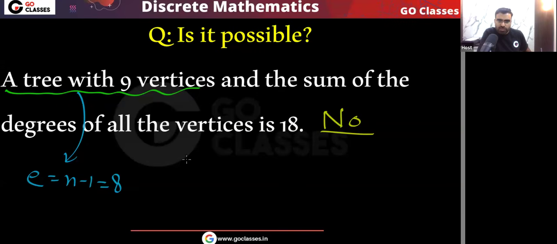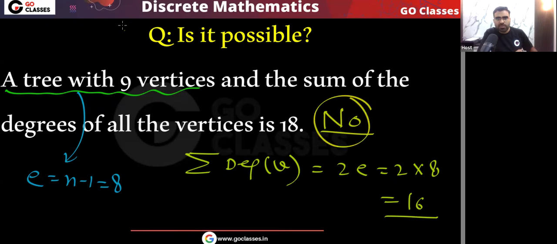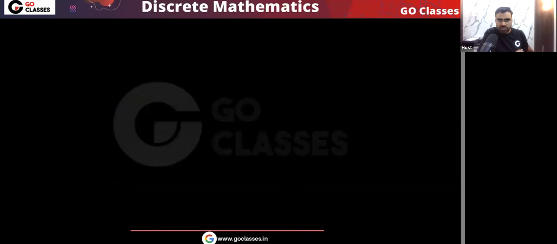Now tell me what will be the total degree, the summation of degree of all the vertices in a tree. That will be twice the number of edges, 2 multiplied by 8, which is 16. So can it be 18? The answer is no. This is never possible. I hope you understood.